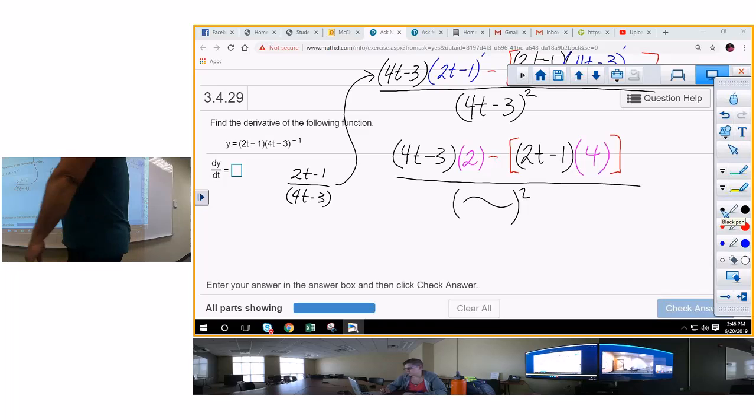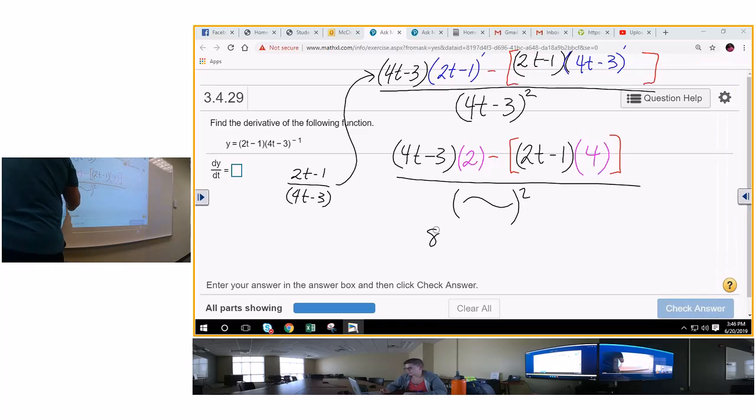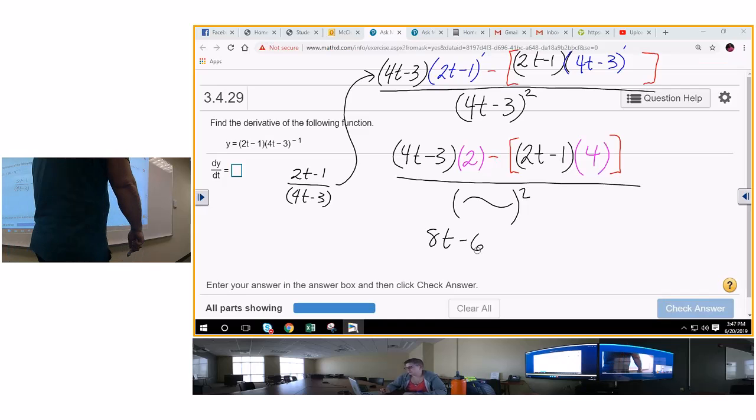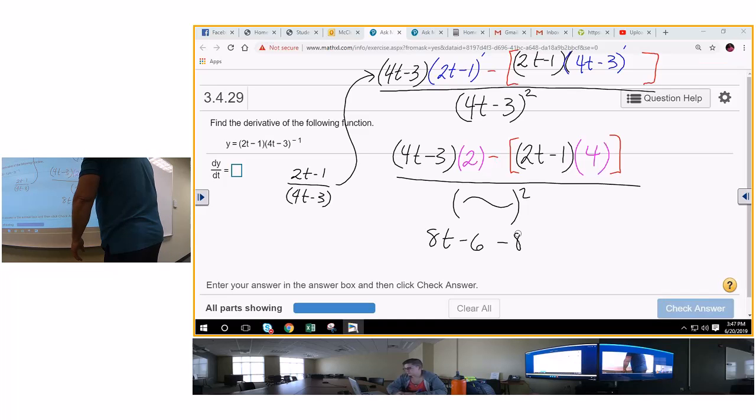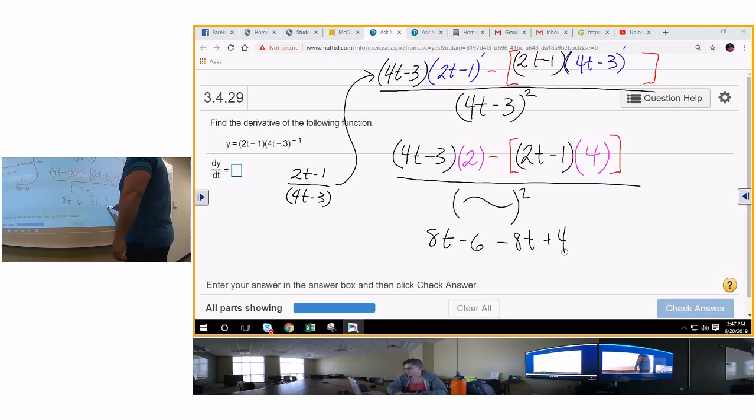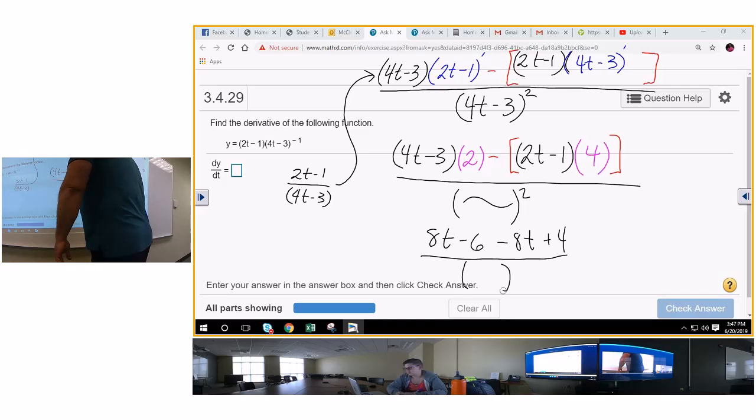So that's going to be 8t minus 6. And over here we've got 8t minus 4. But what is that negative going to do? It's going to make it 8t what? Plus 4, right? Yes, all over the denominator squared.